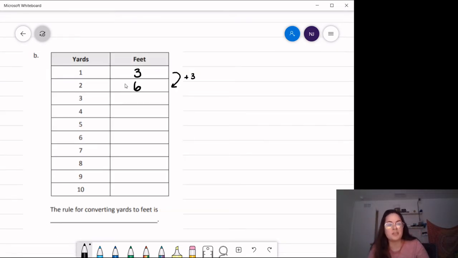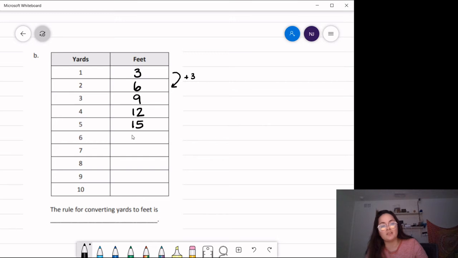All right, something tells me that you are ready to go over the answer. So in 1 yard, we have 3 feet. In 2 yards, we have 6 feet. In 3 yards, we have 9 feet. And then in 4 yards, we have 12 feet. In 5 yards, we have 15 feet.